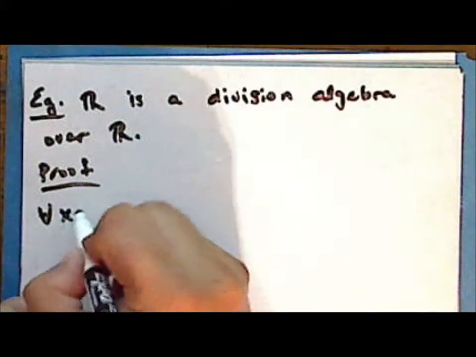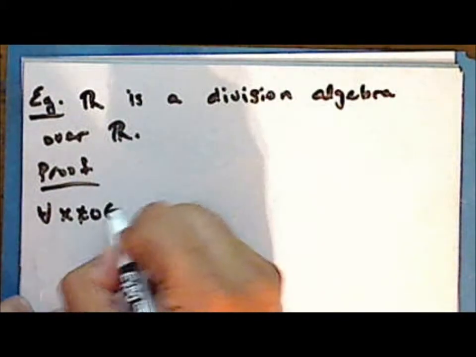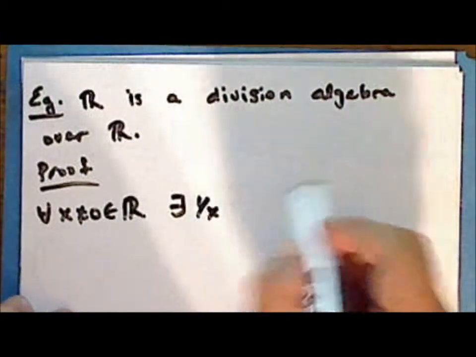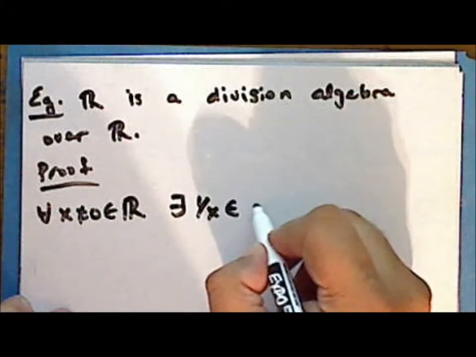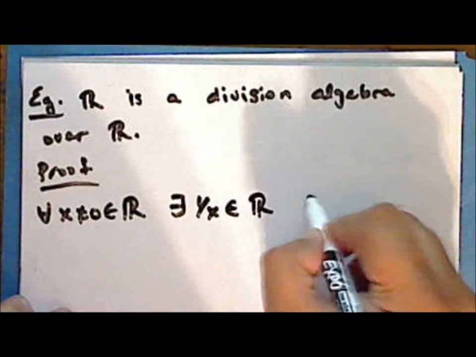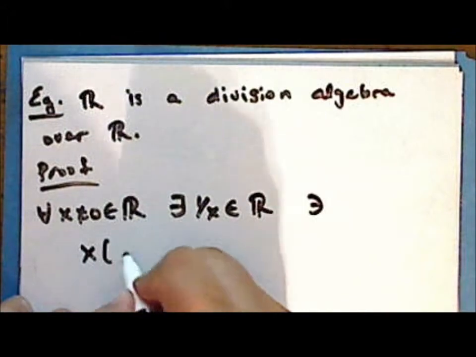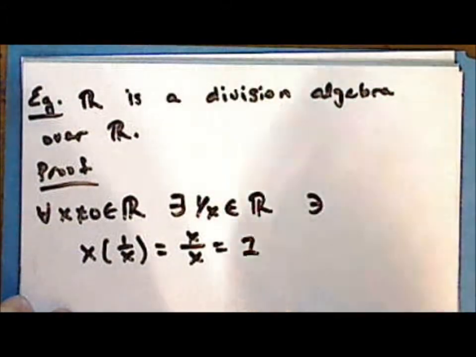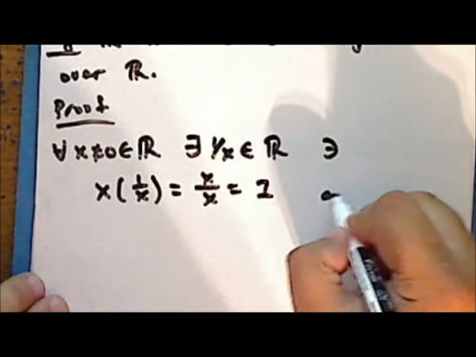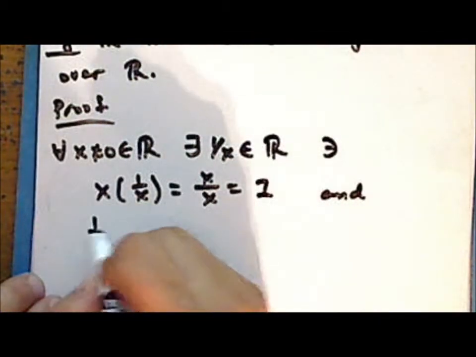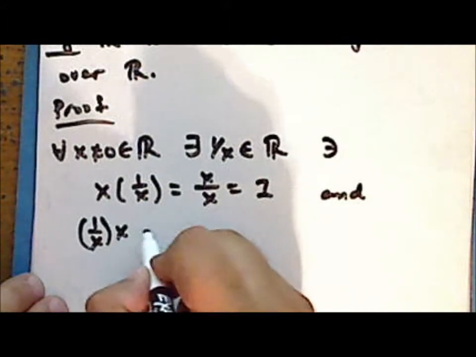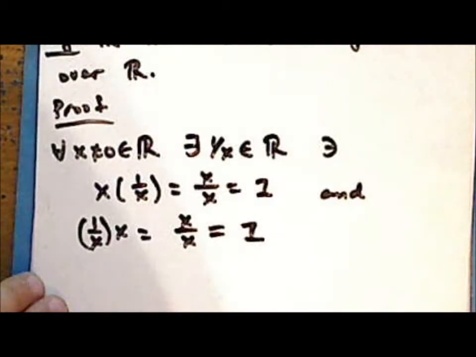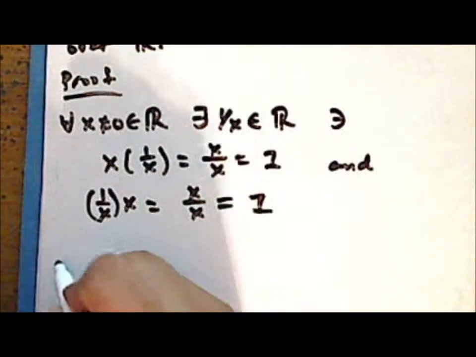So for every non-zero real number, there exists a multiplicative inverse, which is the reciprocal of that real number, such that x times its multiplicative inverse is the identity, the real number 1, and the multiplicative inverse of x times x is also the real number 1, which is the multiplicative identity.